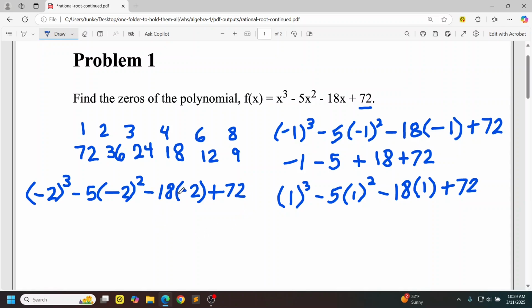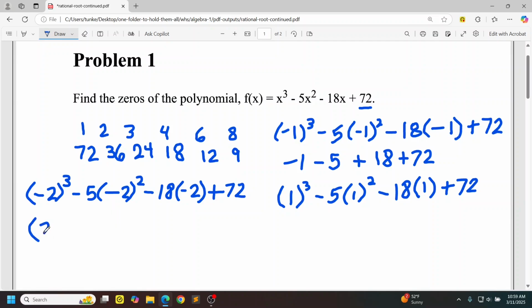Okay, so negative times negative, that's going to be plus 36 plus 72. That puts me over 100. That means this one's going to be negative 8. I have negative 20 here. Negative 2 squared is 4. And then negative 8 here, so negative 28. That's not getting me where I need to go. So far, that's not worked.